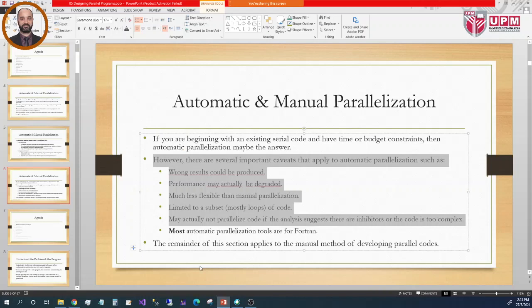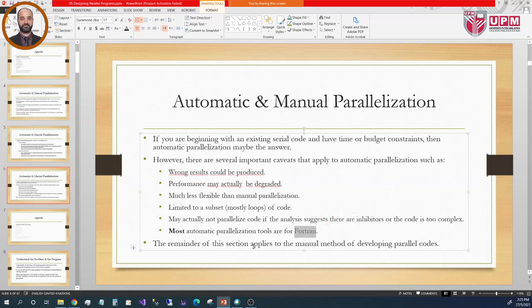Most automatic parallelization tools are designed for Fortran. In the last decade, some tools have been designed for other programming languages, but they are not very famous.